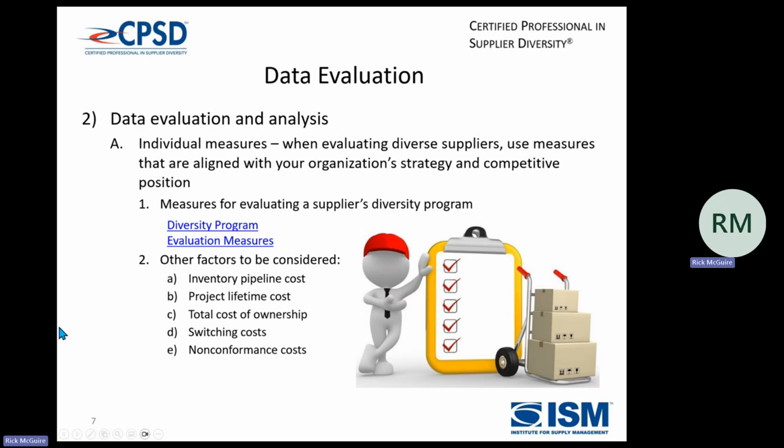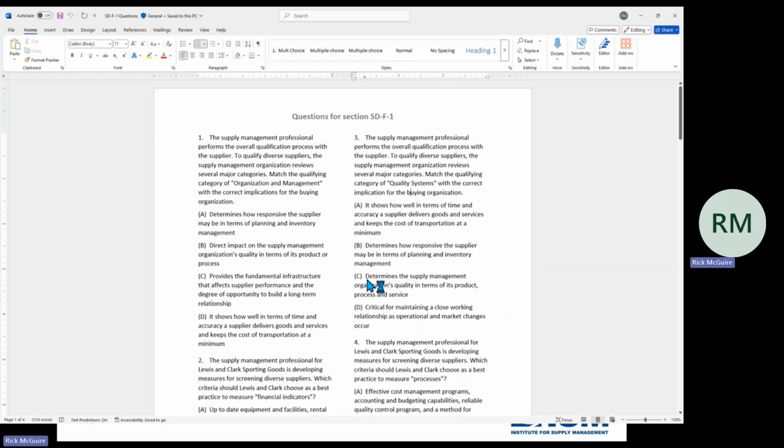Data evaluation and analysis. So individual measures when evaluating diverse suppliers uses measures that are aligned with your organization's strategy and competitive position. So measures for evaluating a supplier's diversity program. There's some evaluation measures you can use.